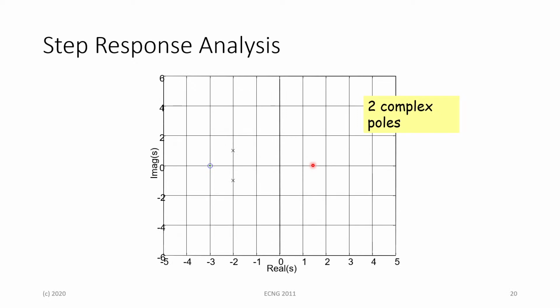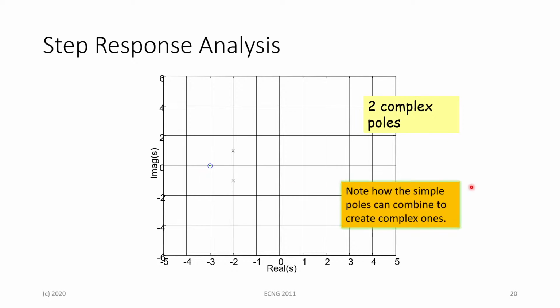For this particular example, you're going to get two complex poles when you resolve it for the step response. And it's possible for simple poles to combine to create complex ones once there's the introduction of an imaginary component for those poles.